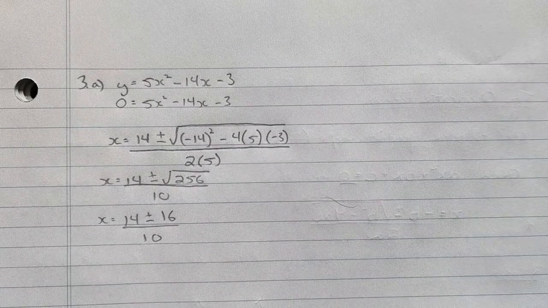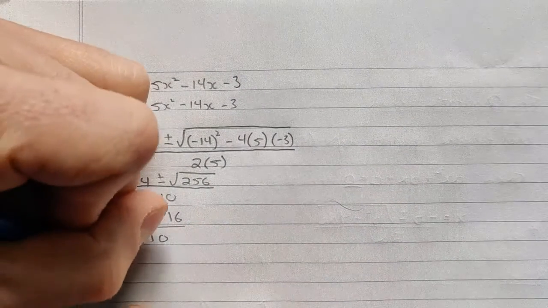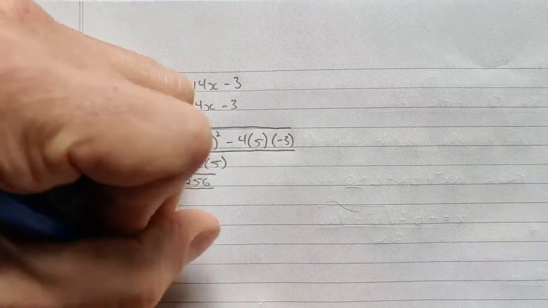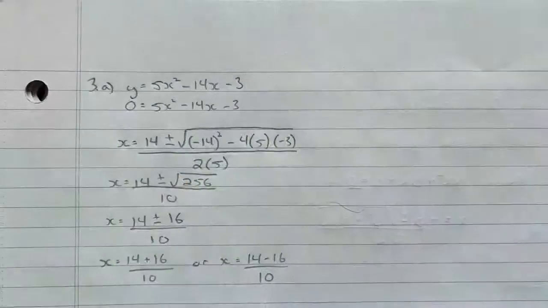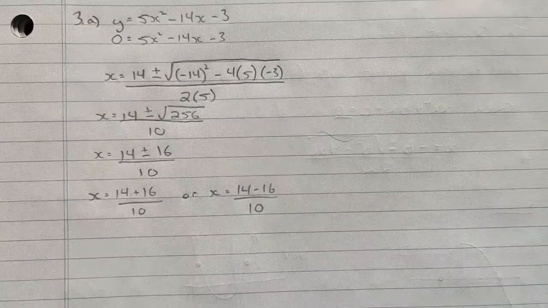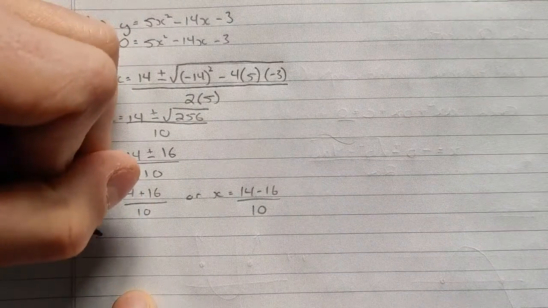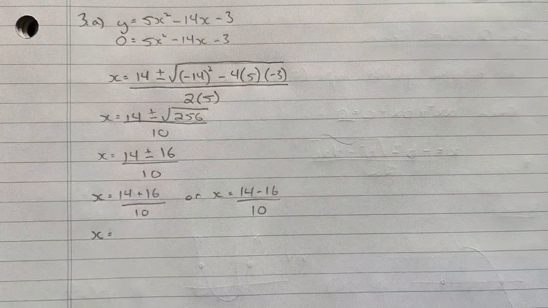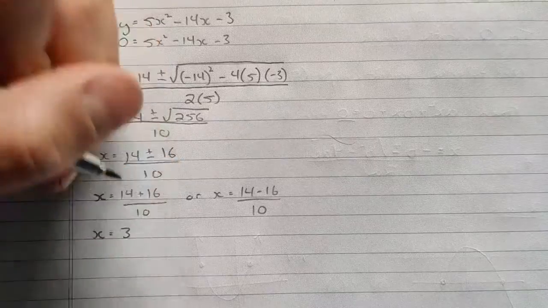Now we can simplify this by breaking it into two parts. This is where we make use of that plus minus. So x is equal to 14 plus 16 over 10, or x is equal to 14 minus 16 over 10. Two cases, that'll get my two zeros. 14 plus 16 gives us 30, and 30 divided by 10 gives us 3.